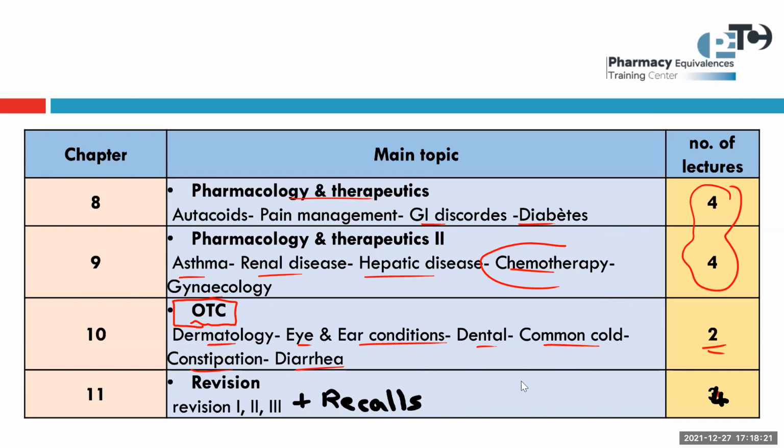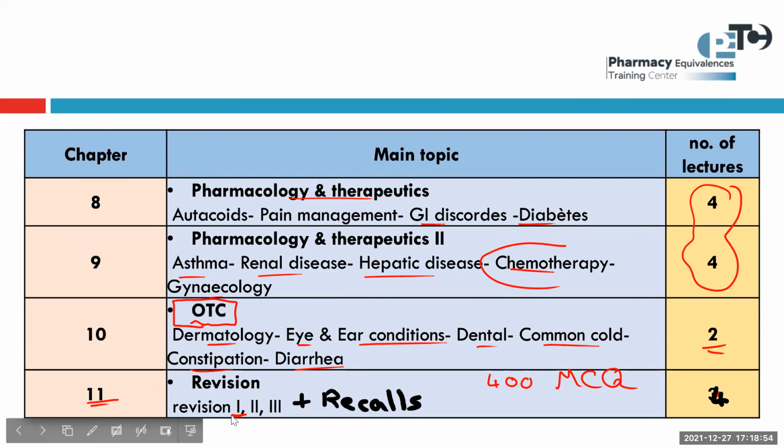Finally, before the exam, we will have the revision. The revision is one of the very important chapters that we will have. Revision here is not only 4 lectures; the 4 lectures contain more than 400 MCQ, distributed as follows.